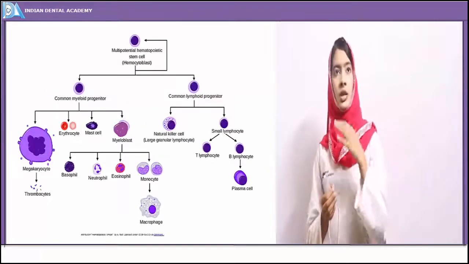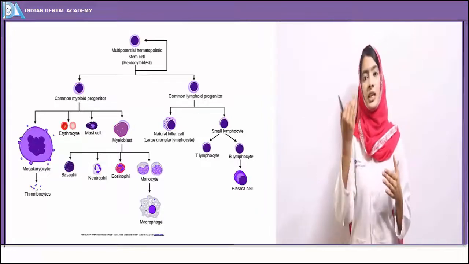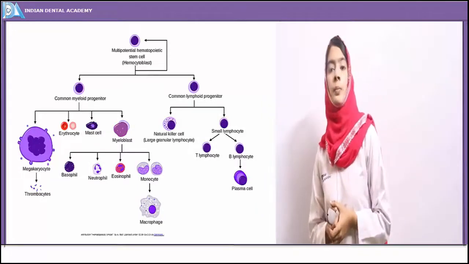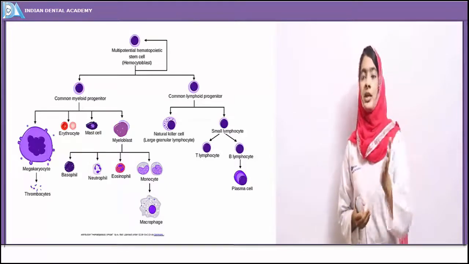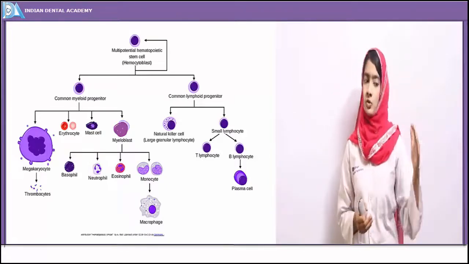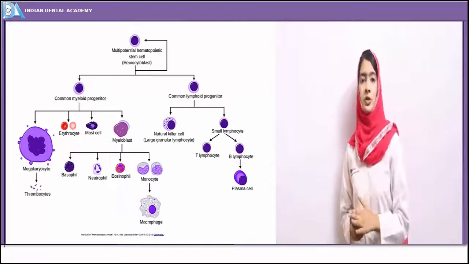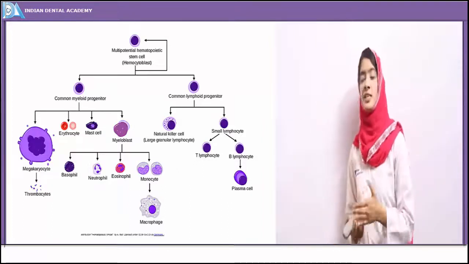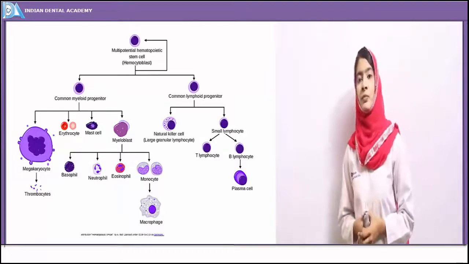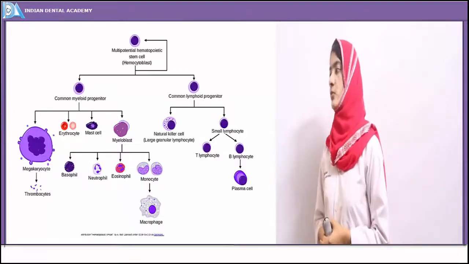We know that hematopoietic stem cells give rise to the myeloid progenitor and the lymphoid progenitor. The myeloid progenitor gives rise to the platelets and the red blood cells or erythrocytes. The lymphoid progenitor gives rise to the lymphoblast, then the lymphocytes, T lymphocytes and B lymphocytes.